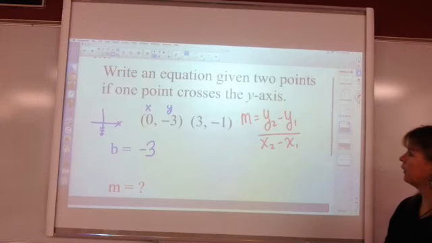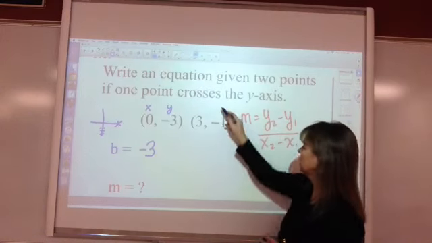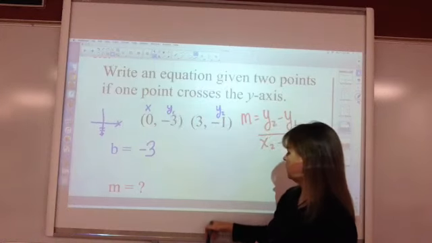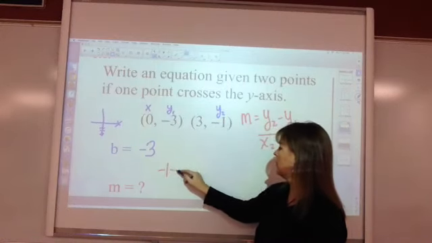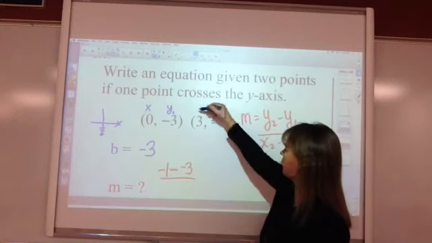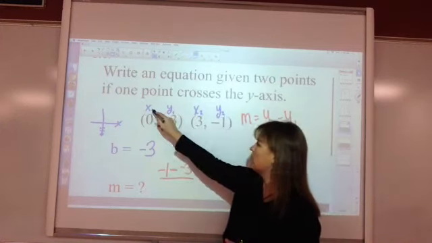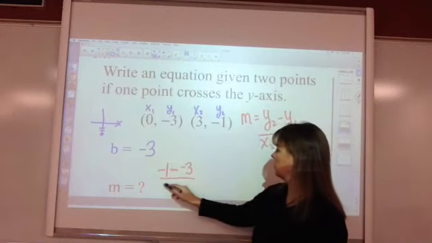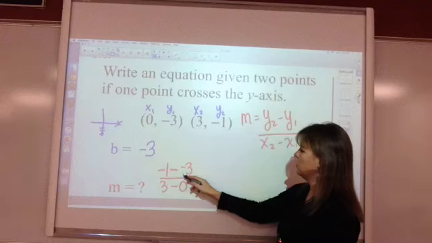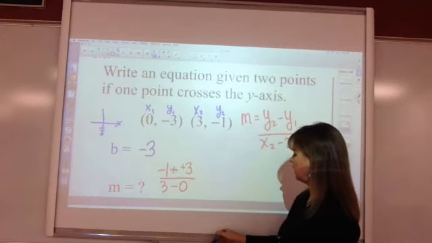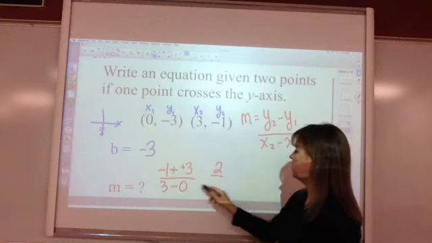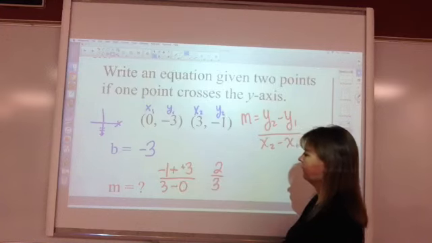We need to take the second y and minus our first y, which is -1 minus -3. Then we need to take our second x and minus our first x, which is 3 minus 0. 2 negatives, make that plus or use your calculator. -1 plus 3 is 2, and 3 minus 0 is 3.